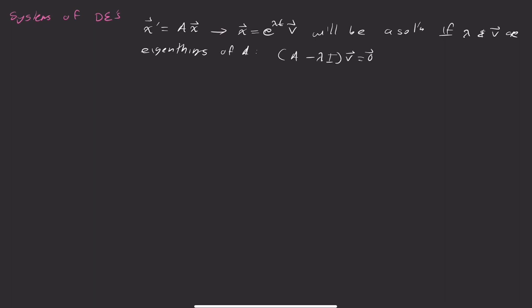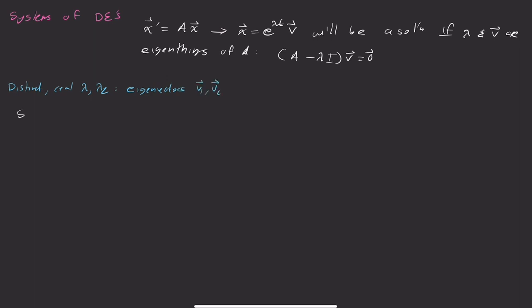So let's discuss our three cases. First, where we have distinct real eigenvalues, lambda 1 and lambda 2, with associated eigenvectors v1 and v2.